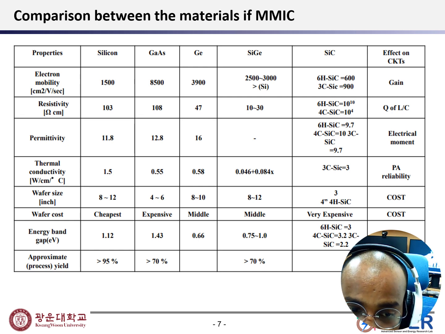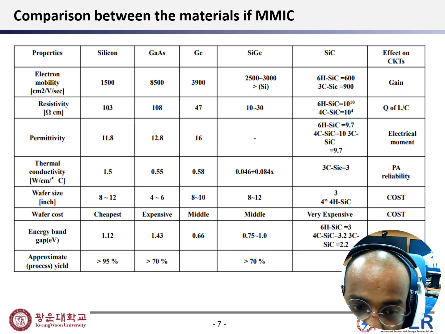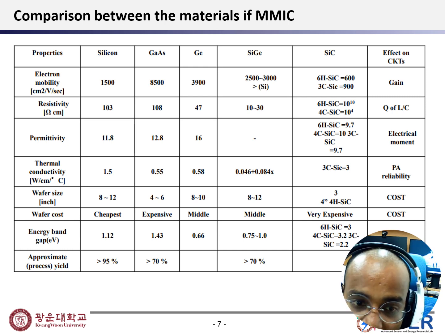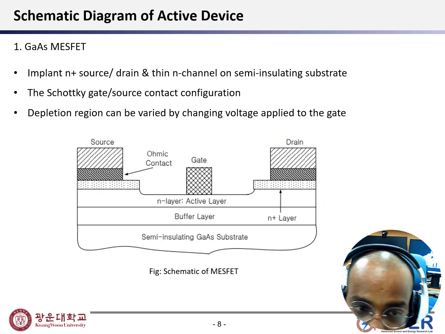While talking about thermal conductivity, that of silicon is 1.5, while gallium arsenide is just 0.55. Also we can see the wafer cost of silicon is very cheap, while gallium arsenide is expensive, and silicon carbide is very much expensive. So we generally use silicon material for MMIC manufacturing.